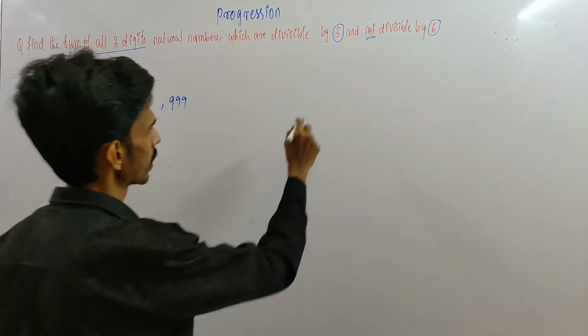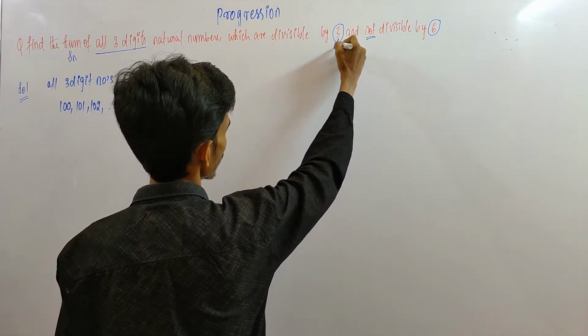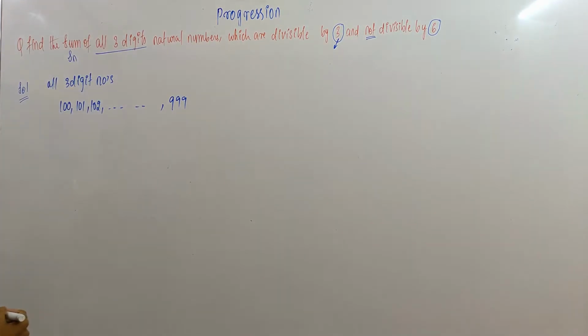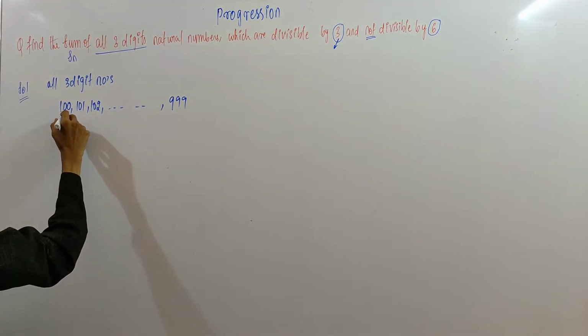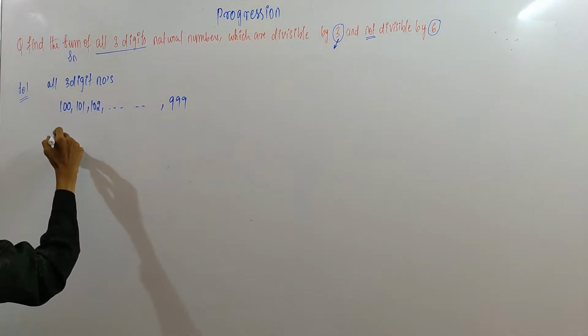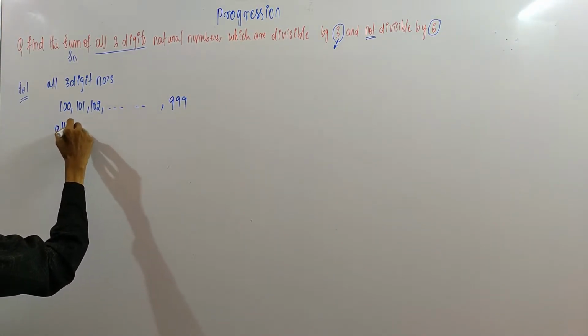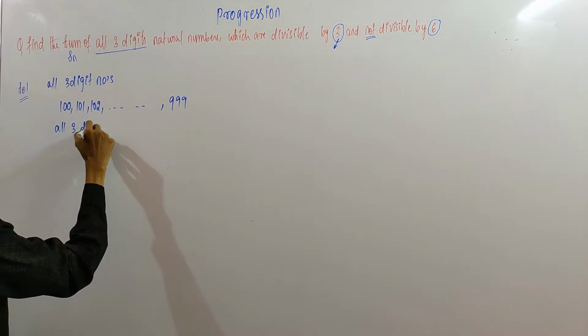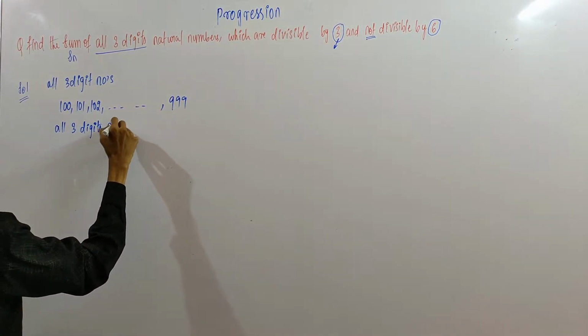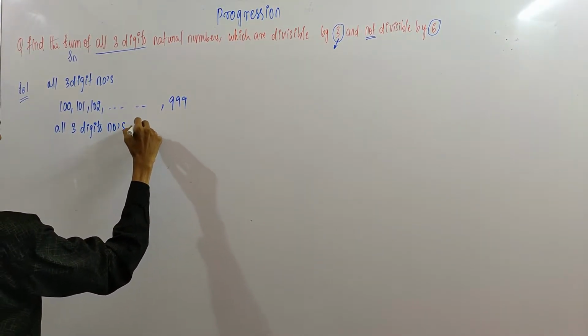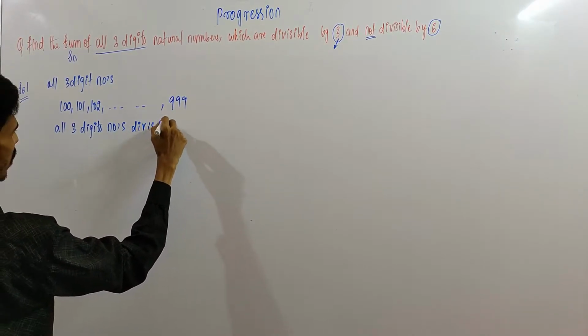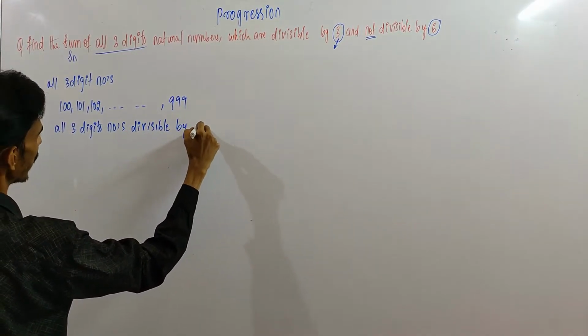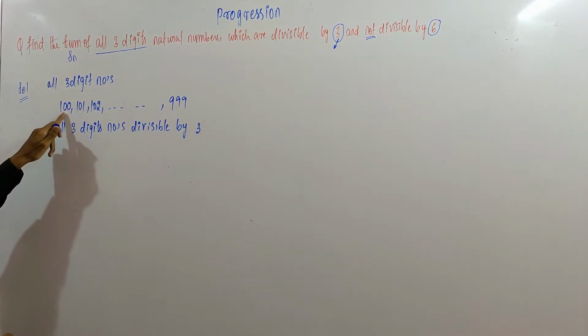Now we want 3-digit numbers divisible by 3. 100 is not divisible by 3, so all 3-digit numbers divisible by 3. Let us check.